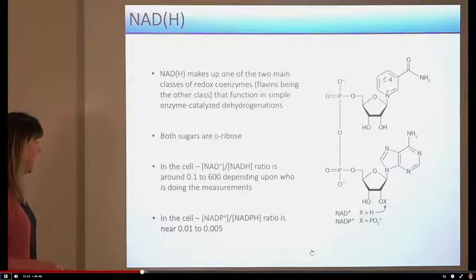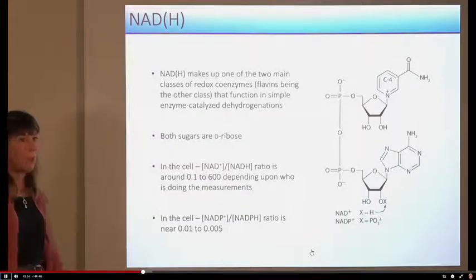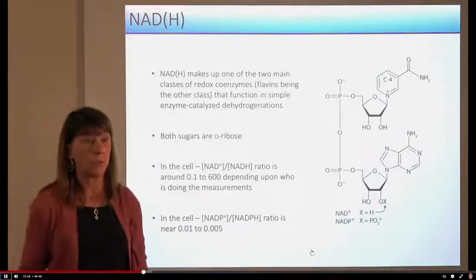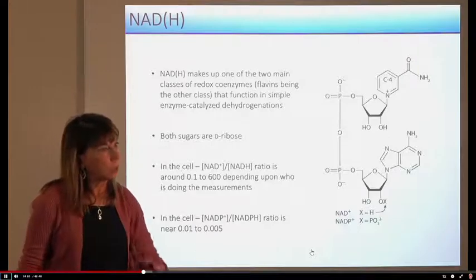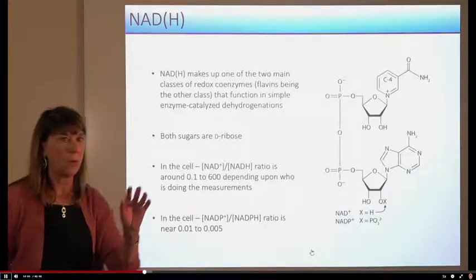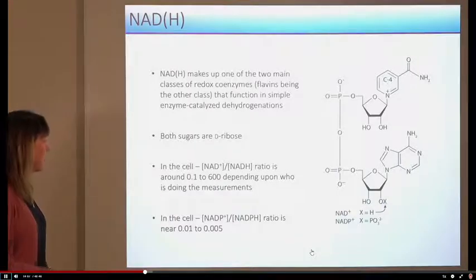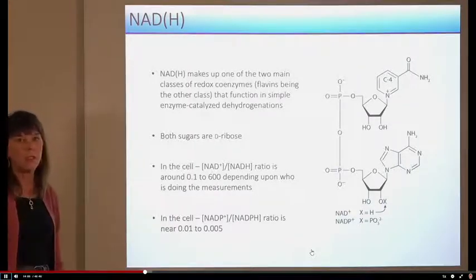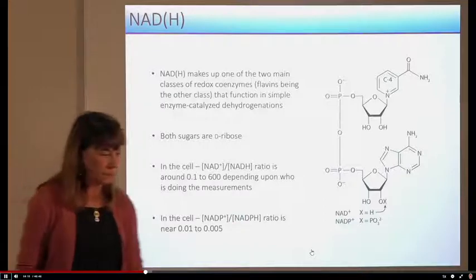Now, in the cell, the NADP plus versus NADPH ratio is near 0.01 to 0.005, which means you have more NADPH, which is a reducing agent. And so if you look at anabolic pathways where you're building up molecules, you're doing reduction reactions, it makes sense that in those pathways, they tend to use NADPH.